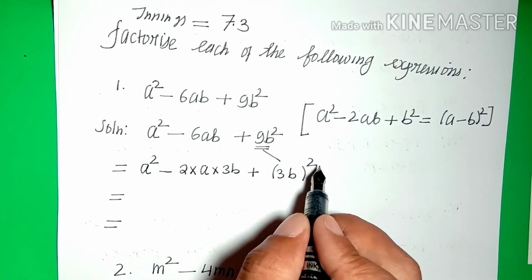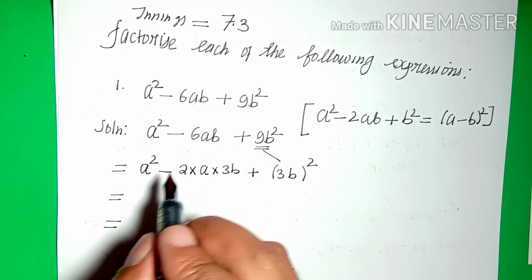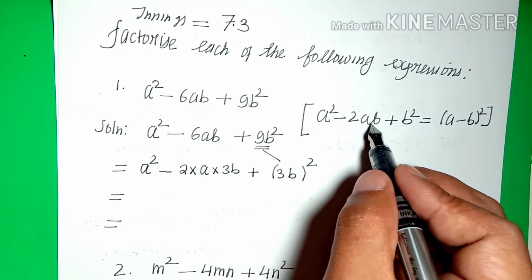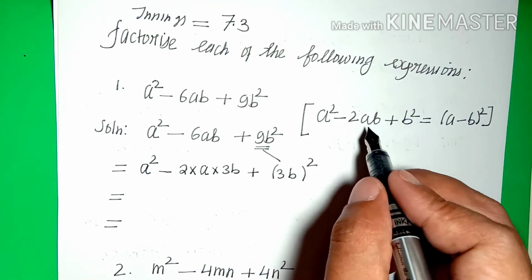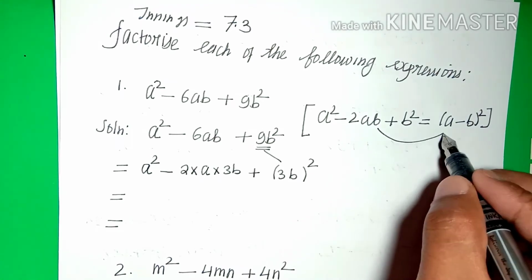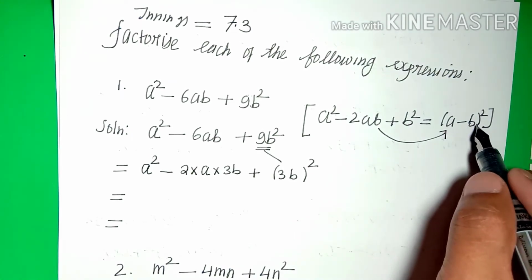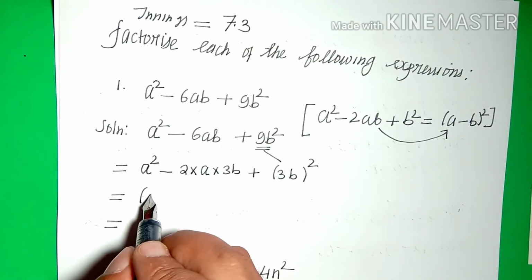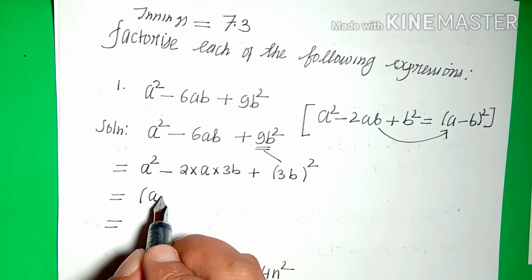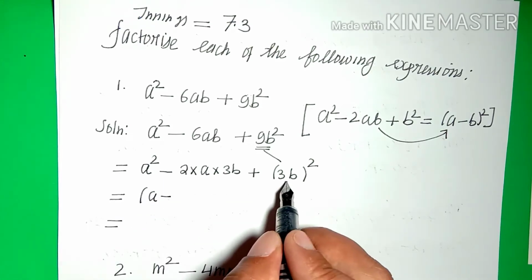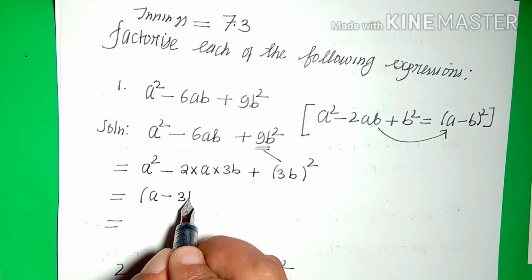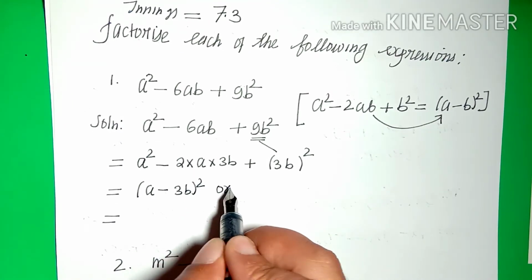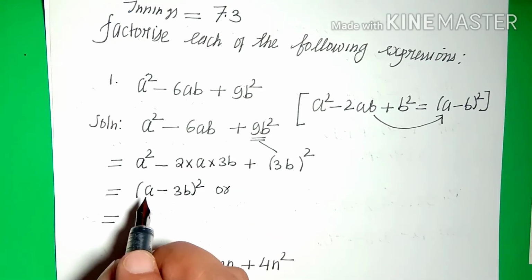So the given expression I've already converted into the form of a square minus 2ab plus b square, and that equals a minus b the whole square. So a, with the same sign, minus b, which is 3b, the whole square.